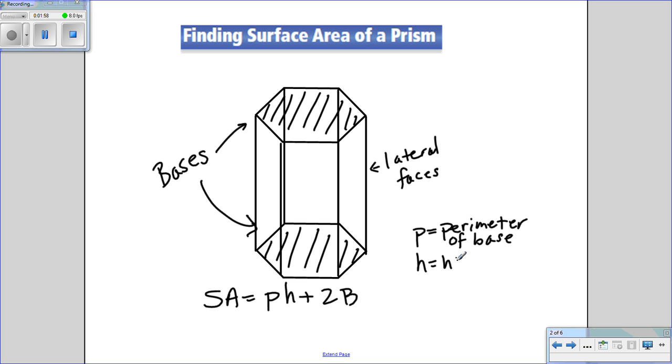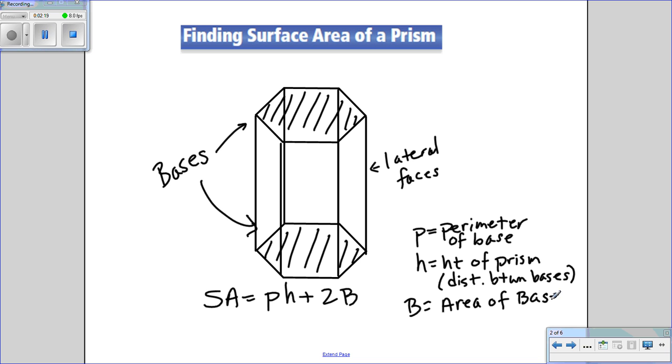H is the height of the prism, and to define that even more, that is the distance between each base. Capital B is going to be the area of the base, or one of the bases.